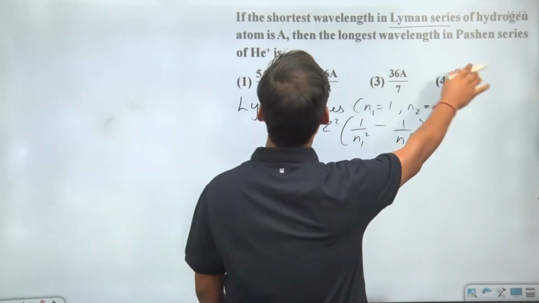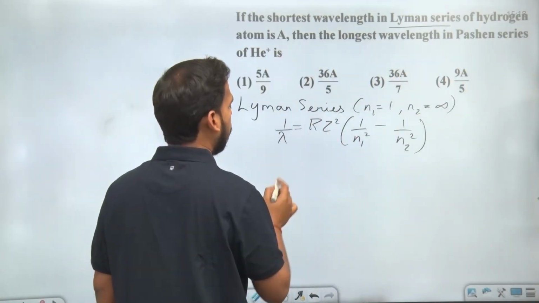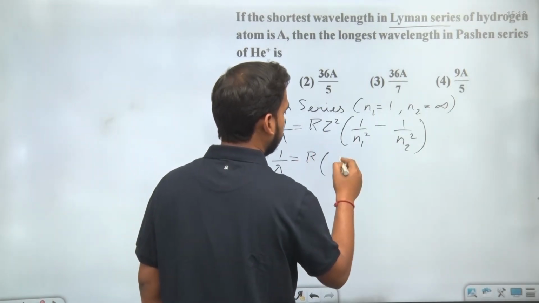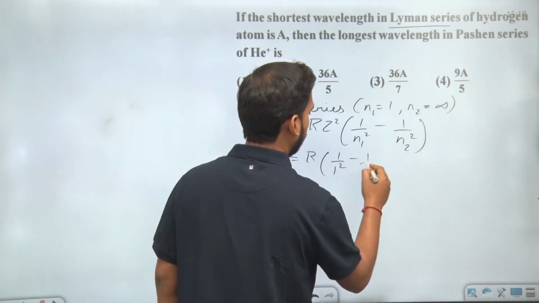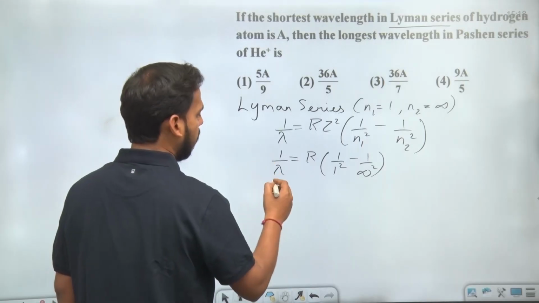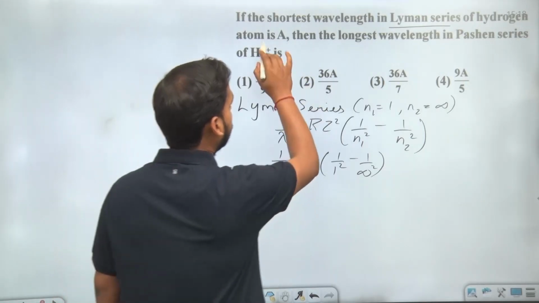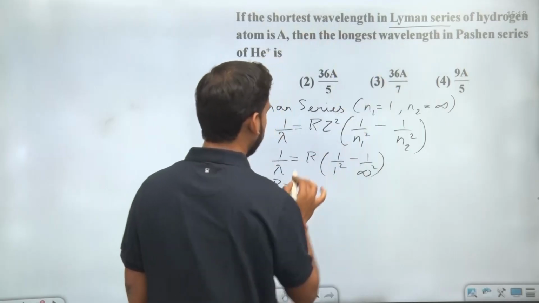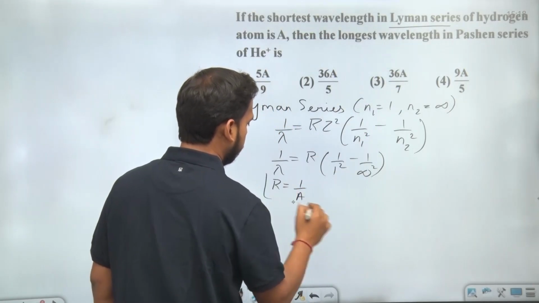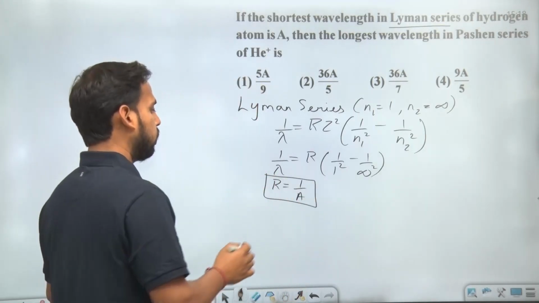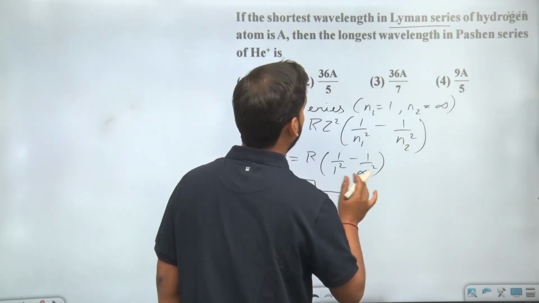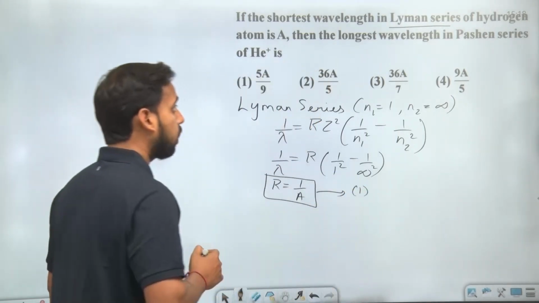So it is for the hydrogen atom, so Z will be 1. So 1 upon lambda is R into 1 upon 1 square minus 1 upon infinite square. So from here we will get R equals 1 by A, because it is given as the shortest wavelength. So R we will get as 1 divided by A. This relation we will use in the later part, so we will put this as equation first.